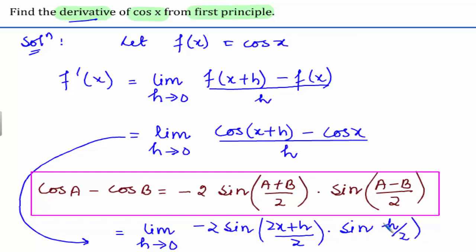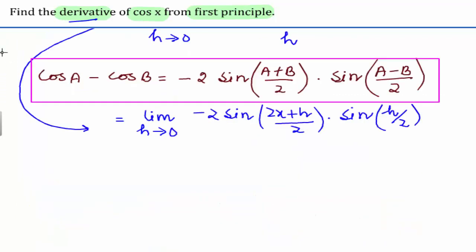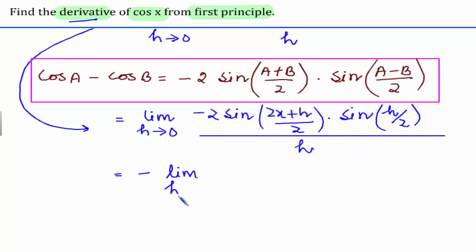Now taking the minus sign out of the limit, we have limit h tends to 0 sin of x plus h upon 2 into sin h upon 2 divided by this h, and taking this 2 in the denominator.